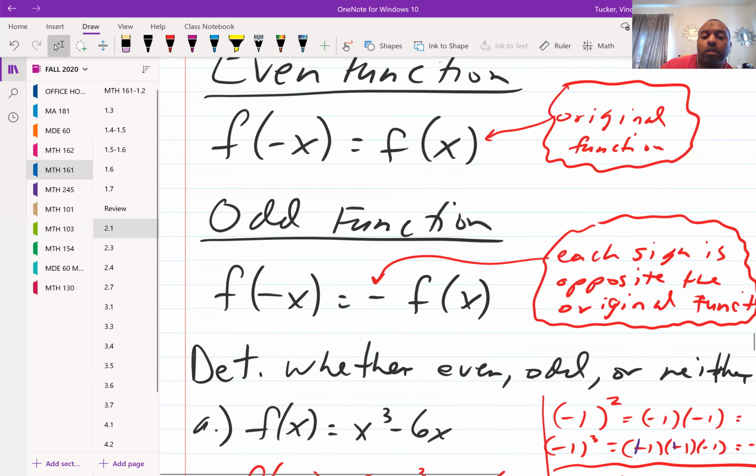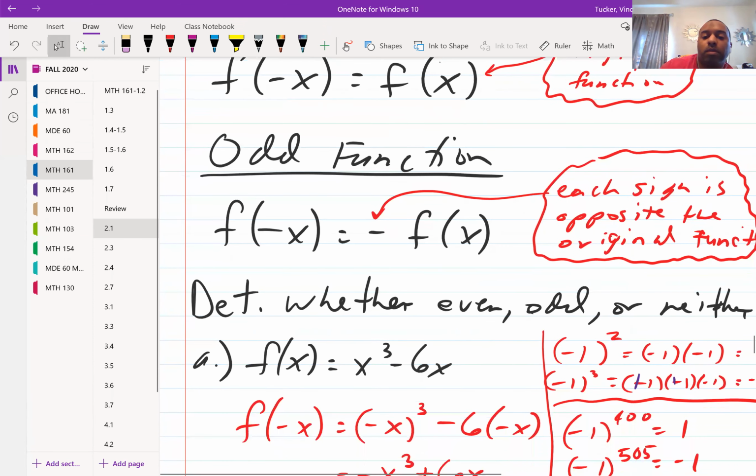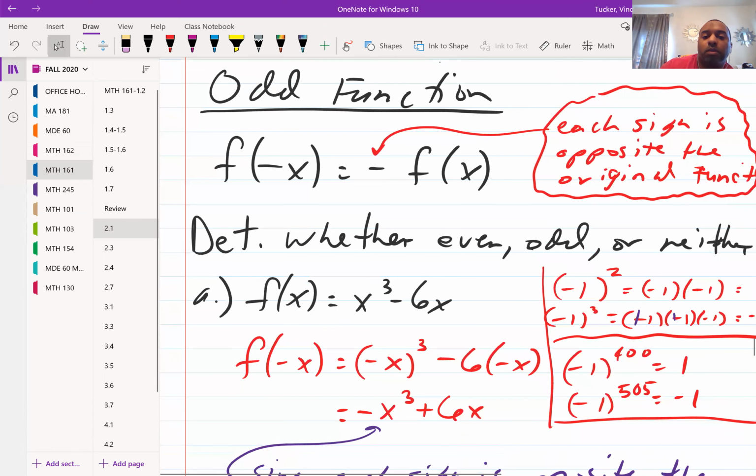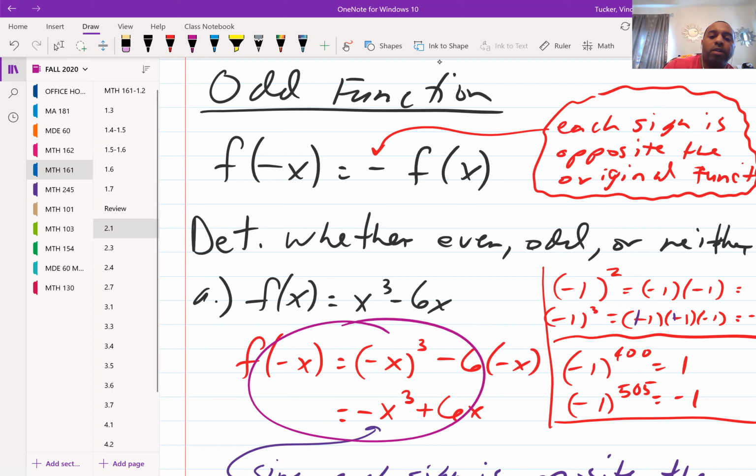All right. So we want to determine if it's even, odd, or neither. So this first one right here, we have f of x is equal to x cubed minus 6x. You plug in negative x into both of them.